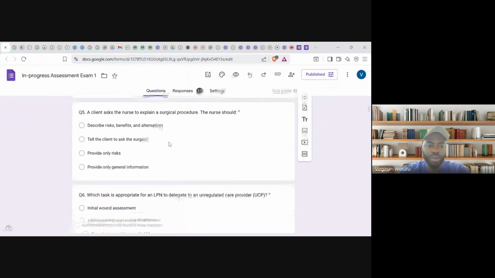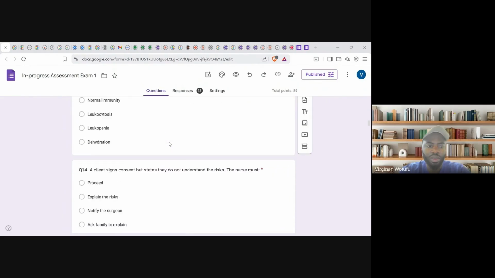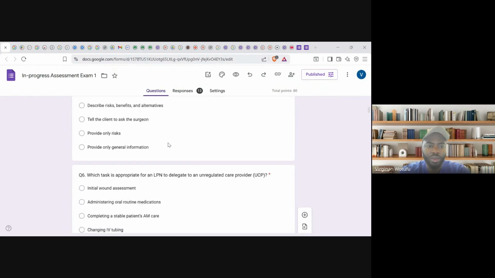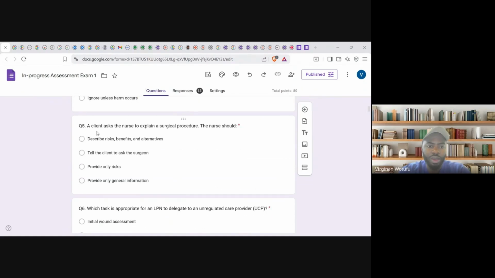Looking at question 5: the client asks the nurse to explain a surgical procedure. The nurse should: first option, describe the risks, benefits, and alternatives; second, tell the client to ask the surgeon; third, provide only risks; fourth, provide only general information.